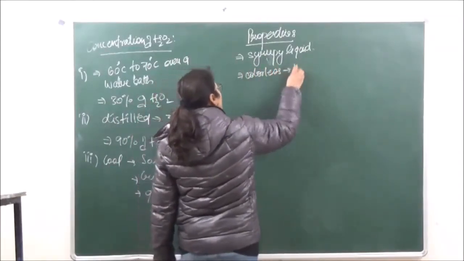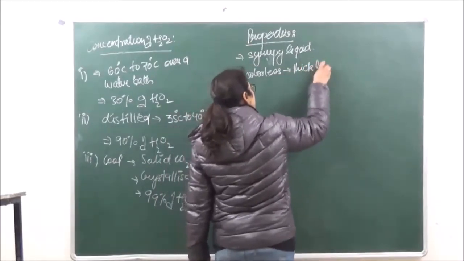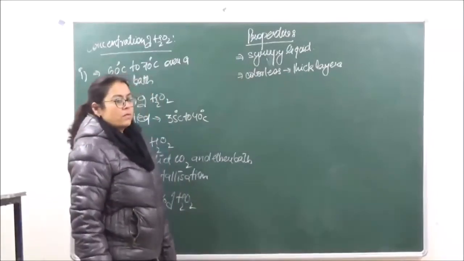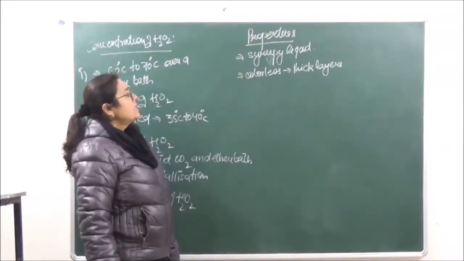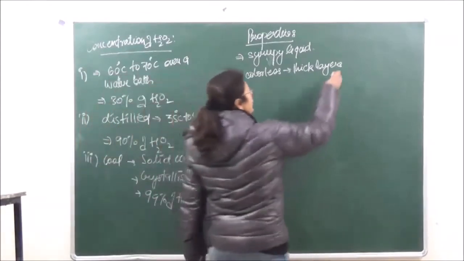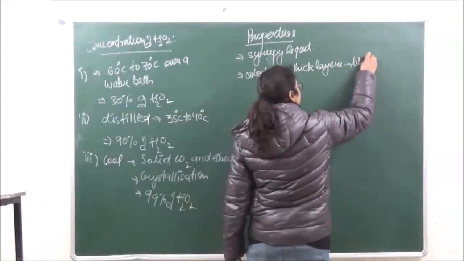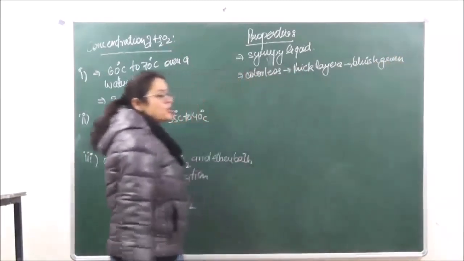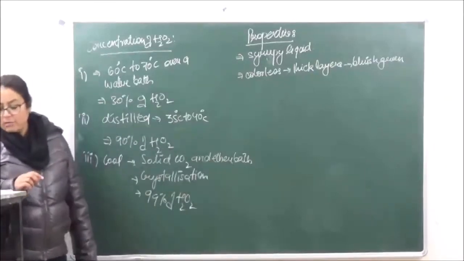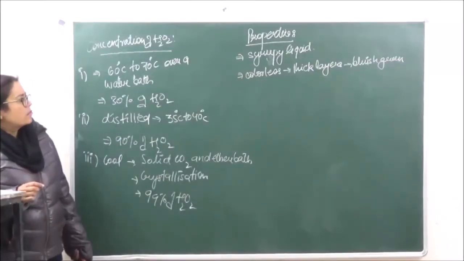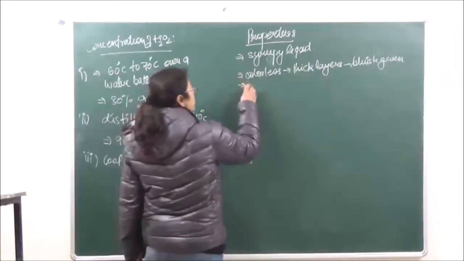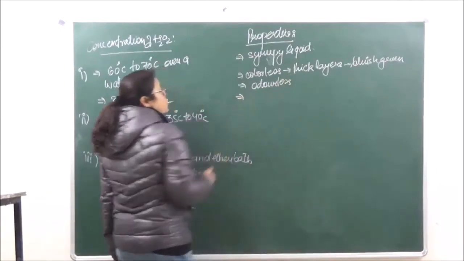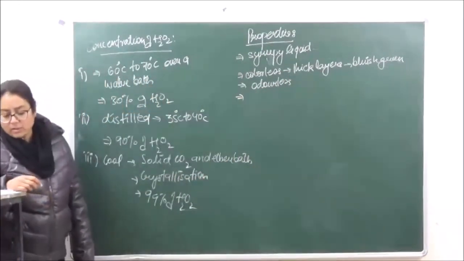But when we're talking of thick layers, these thick layers are going to appear bluish green in color, just like that of water. Okay? Then number 2, of course, it is going to be odorless over here. It is going to have no smell, so it is odorless.